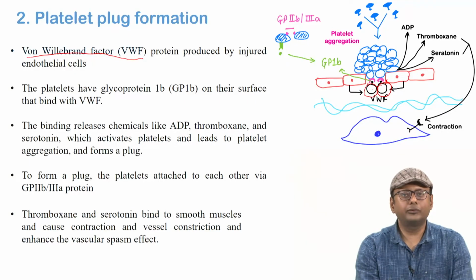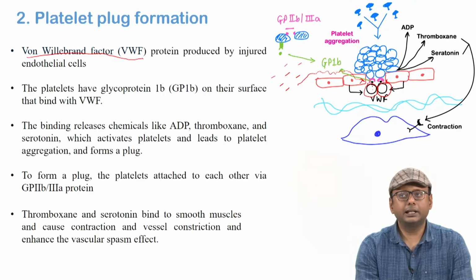The platelets are initially circulating, and if there is no injury, they are in an inactive state, but if there is an injury, these platelets circulate and come close to the von Willebrand factor.